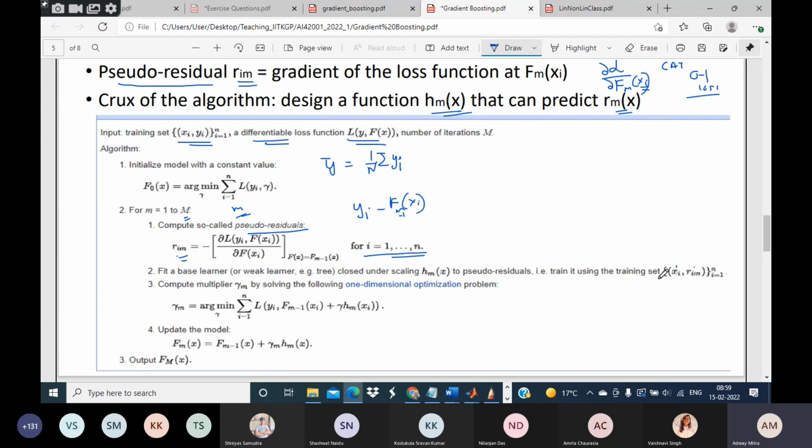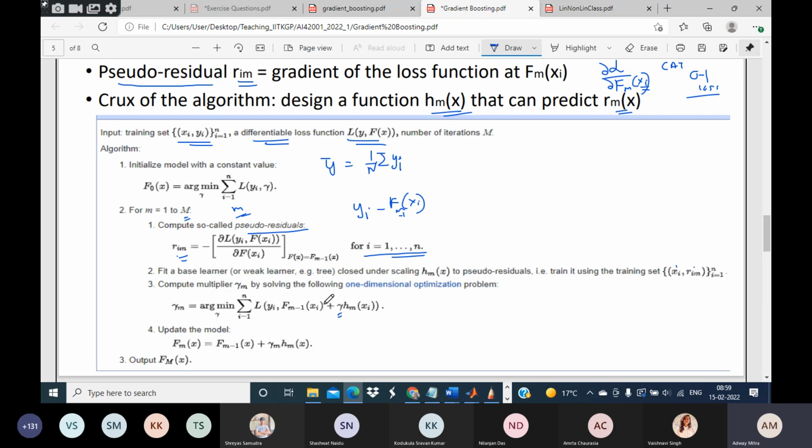So this h_m(x) is basically that base learner which we are talking about, some kind of say regression tree, or any other thing will also do, whatever you choose, which takes xi, a feature vector, as input and predicts the corresponding pseudo residual r_im as the output. And then once you have selected that base learner, you also have to choose this gamma.